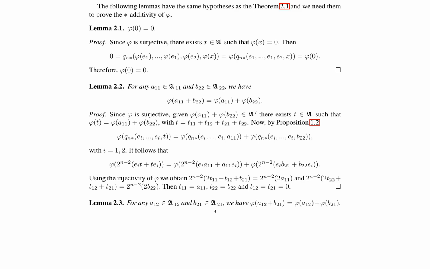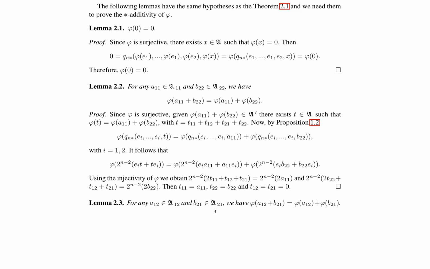To prove the *-additivity of phi, three lemmas are presented. Lemma 2.1 shows that phi(0) equals 0, which is a straightforward consequence of the surjectivity of phi. Lemma 2.2 proves that phi(A11 + B22) equals phi(A11) + phi(B22), for any A11 in A11 and B22 in A22, using the injectivity of phi and proposition 1.2.